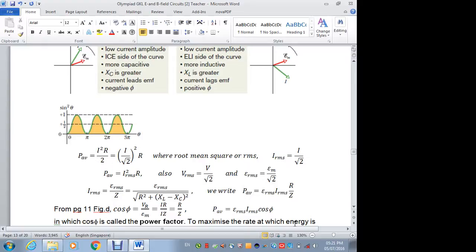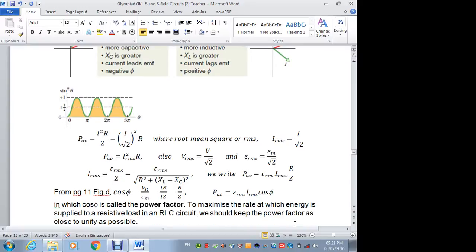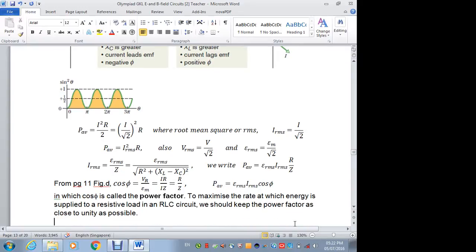You get cosine phi equal to V_R over the total voltage, so that is R over Z. So P average will be E root mean square, I root mean square, cosine phi. This cosine phi, which is your R over Z, is called the power factor. To maximize the rate of energy dissipated in the resistive load, you have to put the power factor as close to 1 as possible.